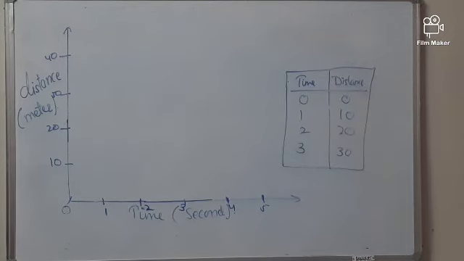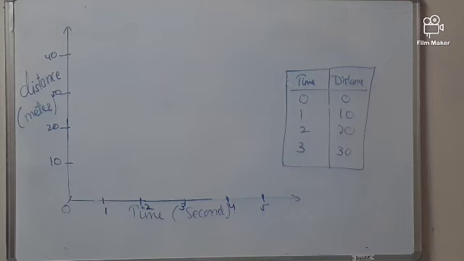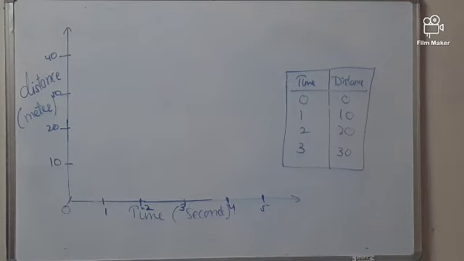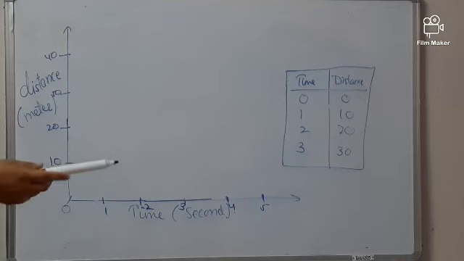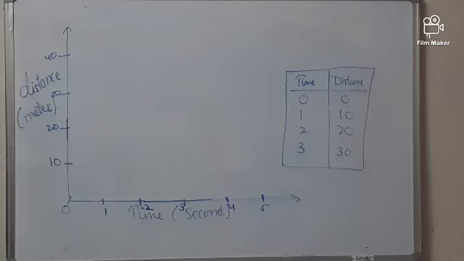Now the second graph under the distance time graph is the distance time graph for uniform motion, which means there has to be uniformity. First look at the table I have drawn. It has time and distance. When the time is 0, the distance is 0. When the time is 1, distance is 10. When the time is 2, distance is 20.